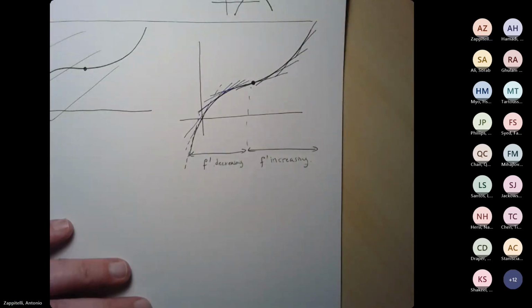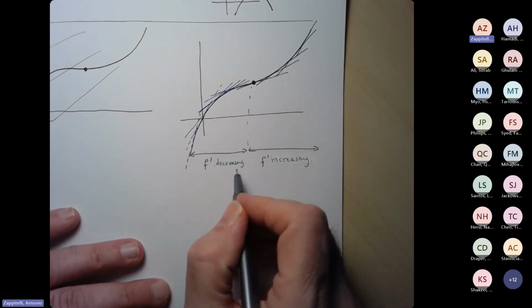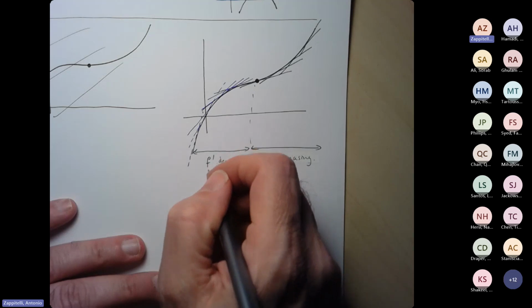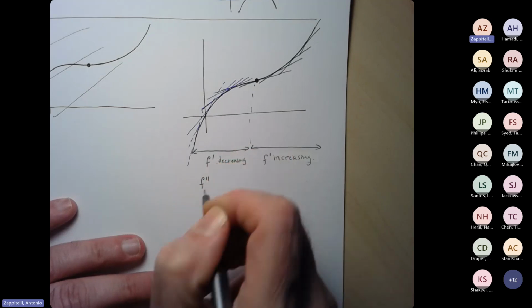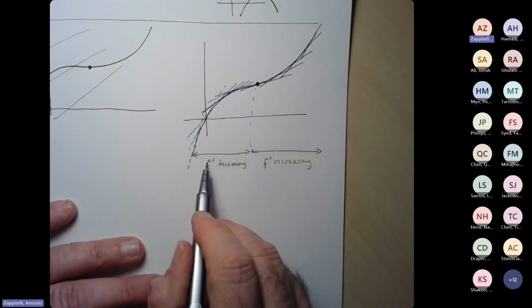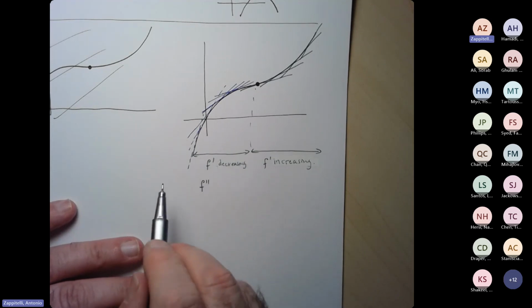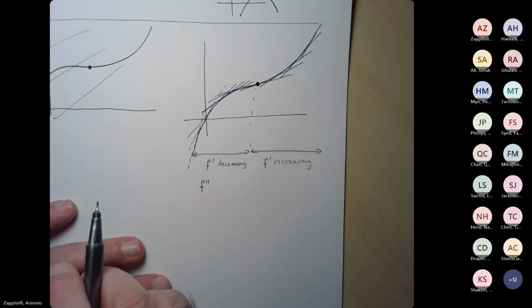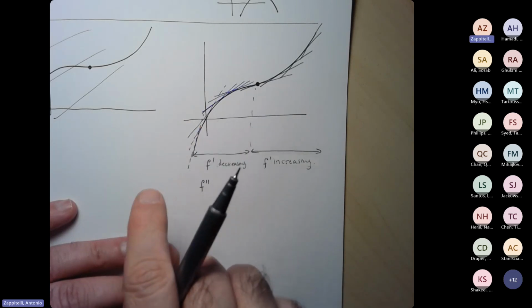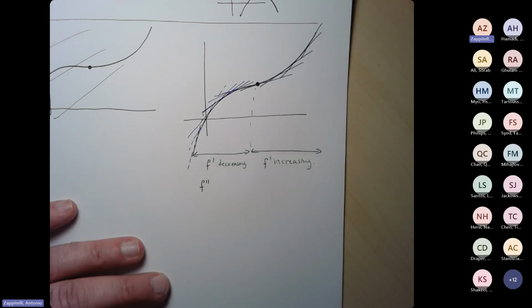So if the first derivative is decreasing, wait a minute, let's look at its derivative, the second derivative. What has to be happening with the second derivative if the first derivative is decreasing? Remember what the rule was, that if a function was decreasing, its derivative should be what?